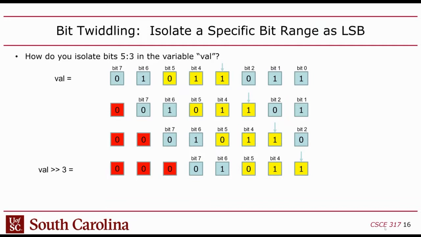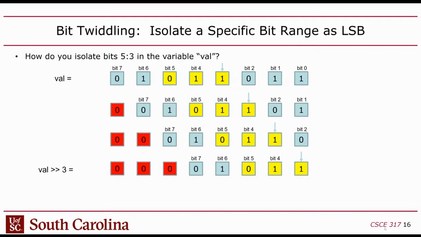So in this case, we want to take bits 5 down to 3 in the original value, and we want to shift them 3 bits to the right, which will change the indices of those bits from 5 down to 3 to 2 down to 0 in the new value after we shift it. So this basically positions those 3 bits on the right side of the register.